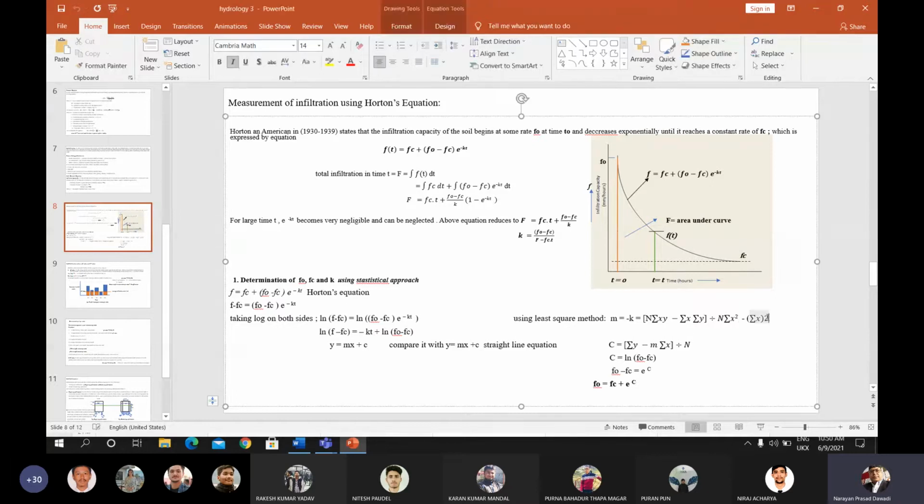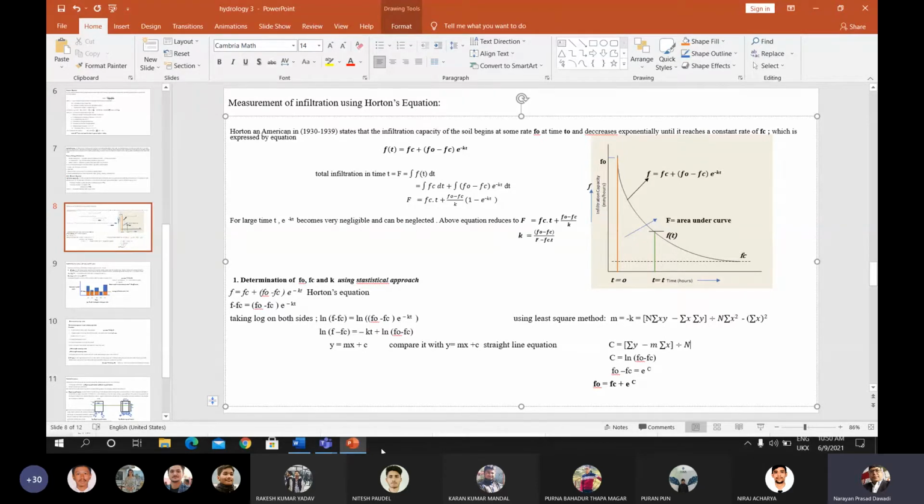This equation has been given in the theoretical part. So for this equation, summation xy, summation x, summation y and summation x square are needed.